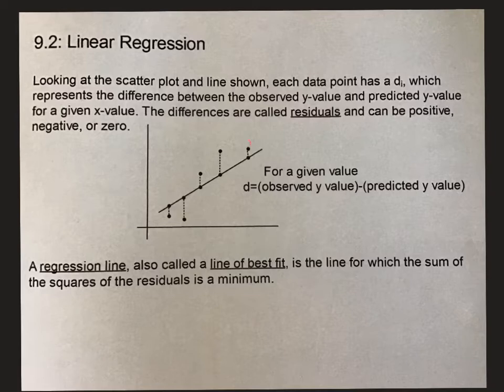These here would be your observed Y values, and these points on your line would be your predicted Y values for any given X value. The difference between those points, your observed and your predicted Y values, remember the observed is the one that's not on the line, is called the residuals.